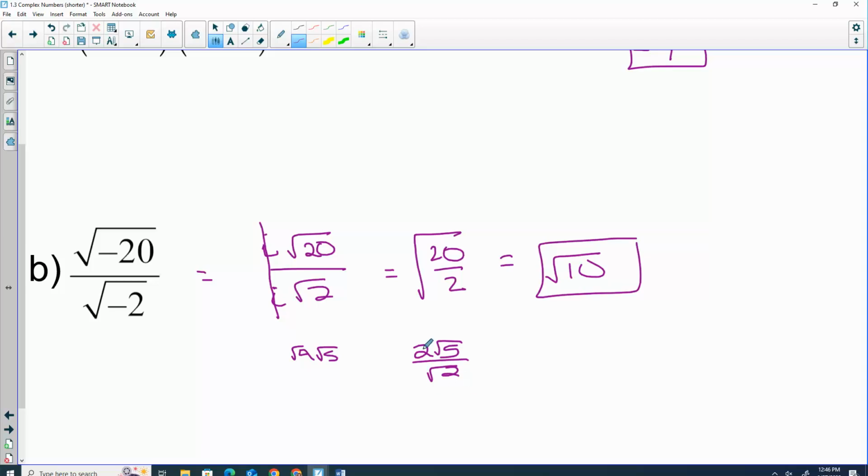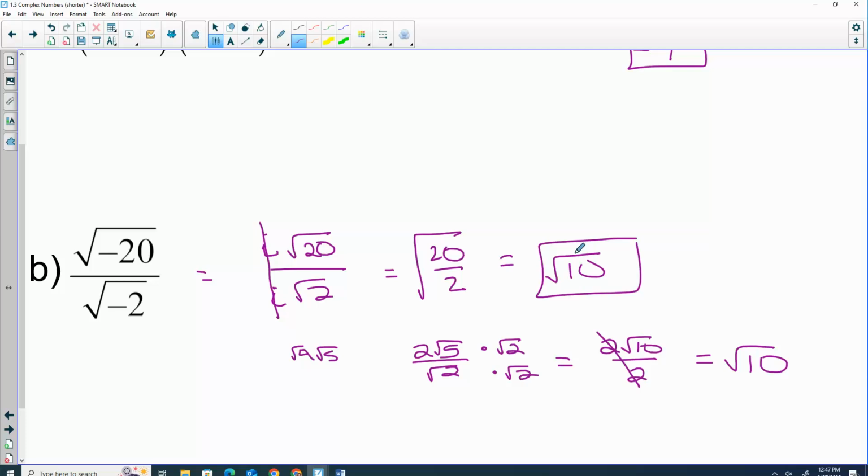We can't leave a radical on the denominator, proper notation doesn't let you, so you have to multiply the square root of 2 on top and bottom. So you get 2 radical 10 over 2, and then you get your square root of 10. So you can get there both ways, but it's faster to recognize that they're both under the radical, you can divide first.